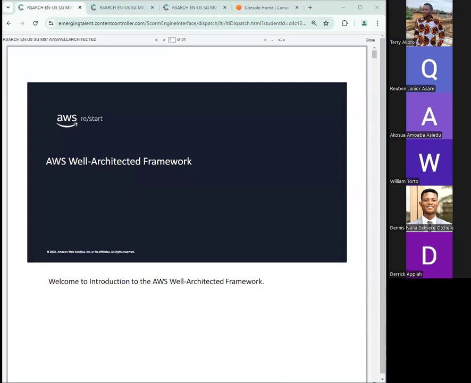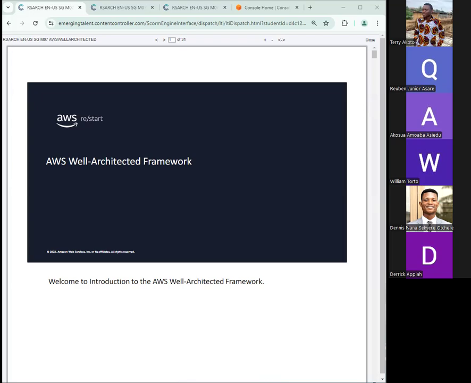Terry. All right, so we also learned about the 6 pillars of the AWS Well-Architected Framework. So I want to talk about just three of them, and then I will leave the rest to my colleagues. All right, the first one is operational excellence, which includes the ability to support development and run workloads efficiently. It also helps to gain insight into operations and continuously improve support processes.